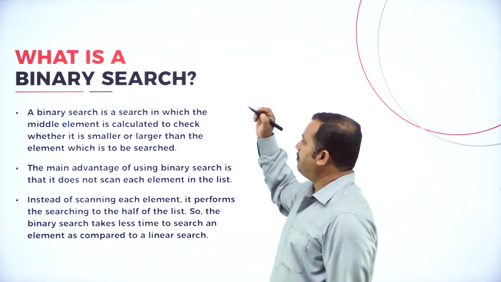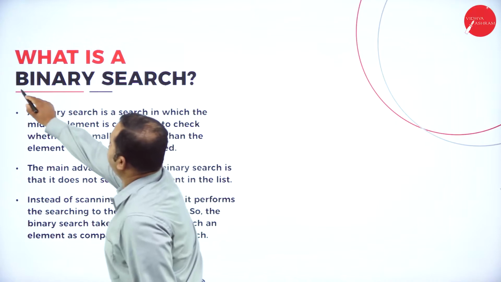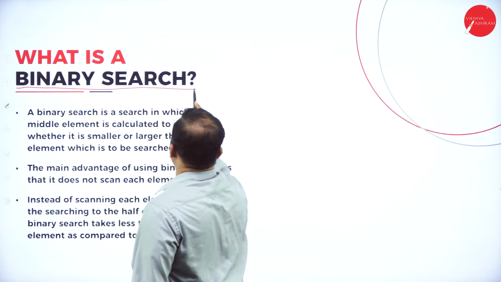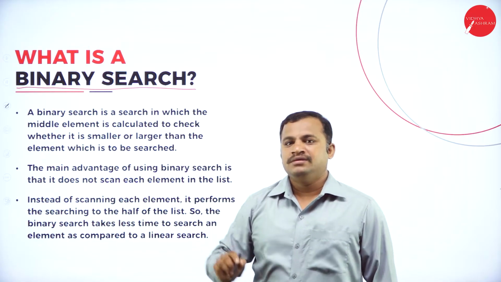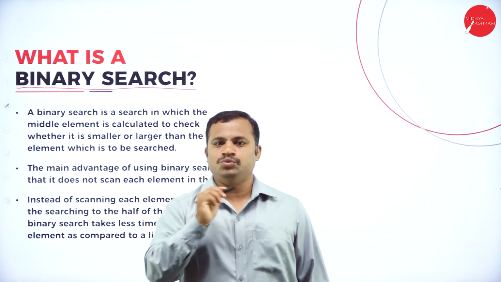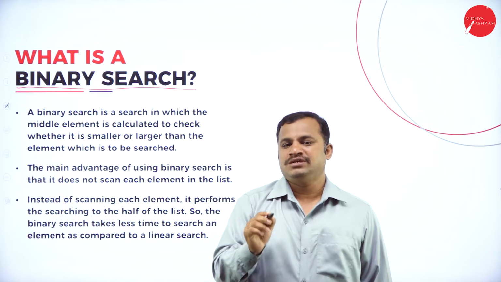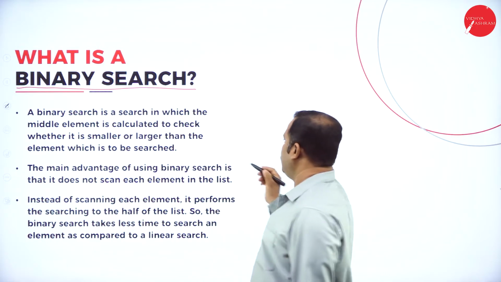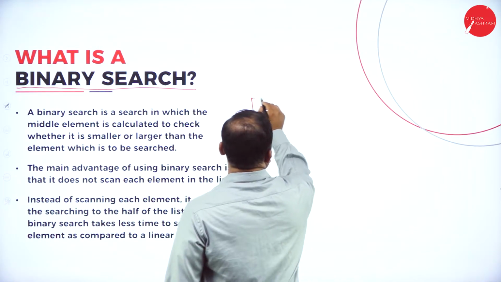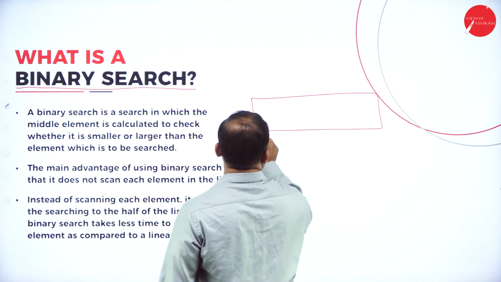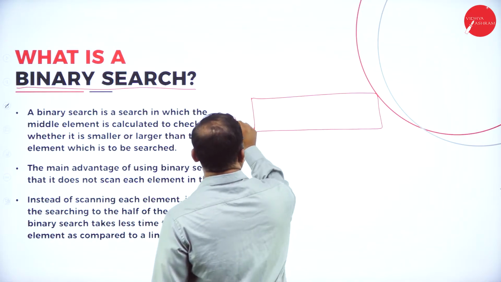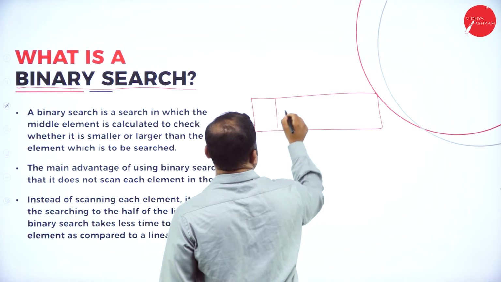Now, binary search is a technique. The word binary means two. We will split the array of elements into two. That is, if I have elements of this order, this is a single array.